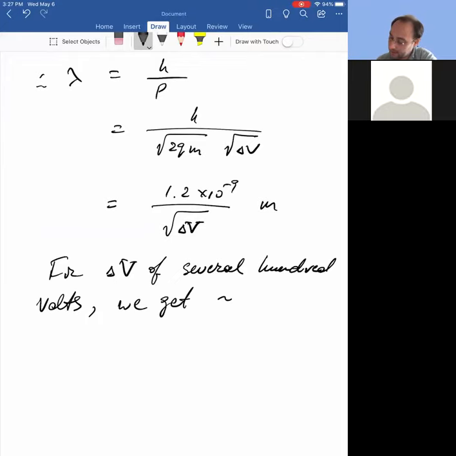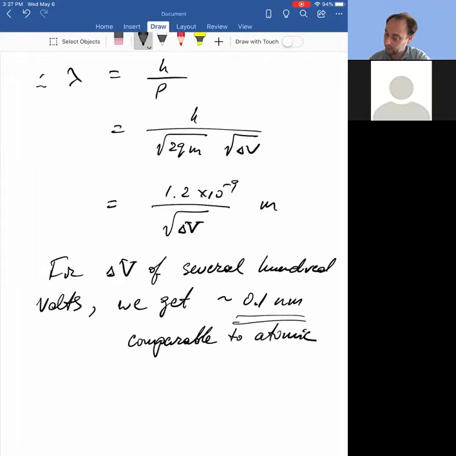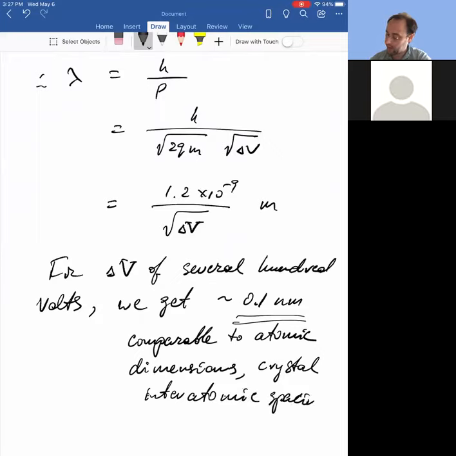So we get something like 0.1 nanometer, okay? And that's actually very comparable to sizes of atoms, to interatomic spacing. So this is comparable to atomic dimensions, crystal atomic spacing, etc.